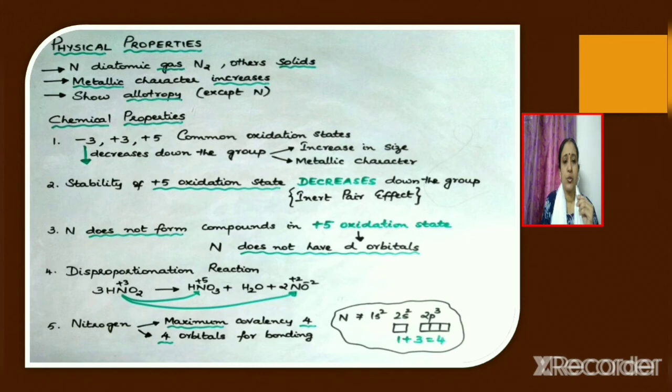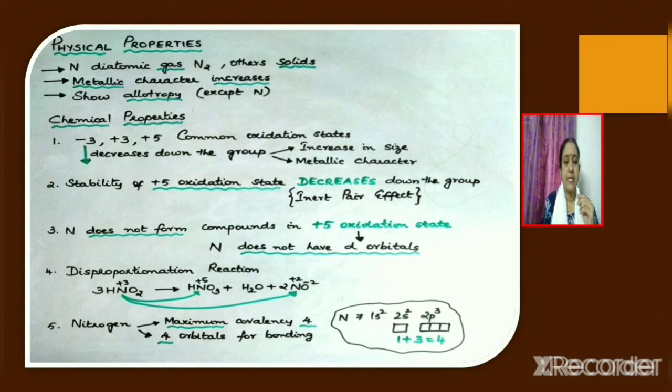The tendency to exhibit -3 oxidation state decreases as we move down the group. It is because as we move down the group, the atomic size increases and the metallic character increases. So because of these two reasons, the tendency to exhibit -3 oxidation state decreases down the group.